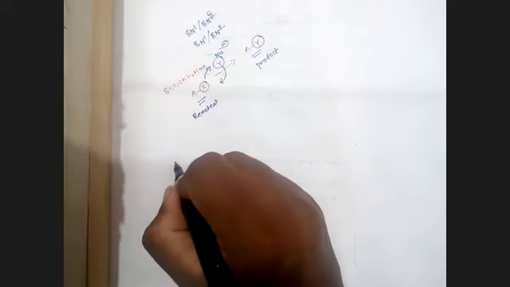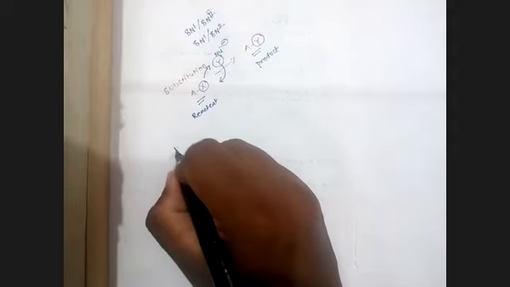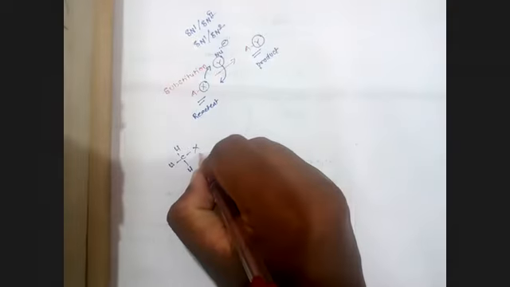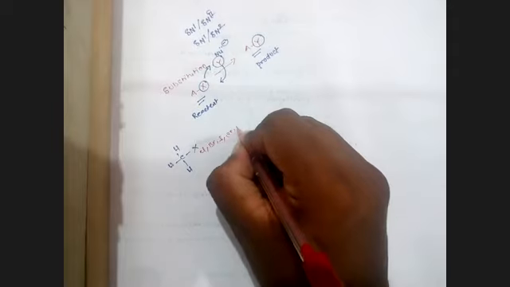Before going to substitution reactions, I will tell you what an alkyl halide is. Here I'm taking the first example, CH3X. In CH3X, the X may be chlorine, bromine, iodine, or fluorine.